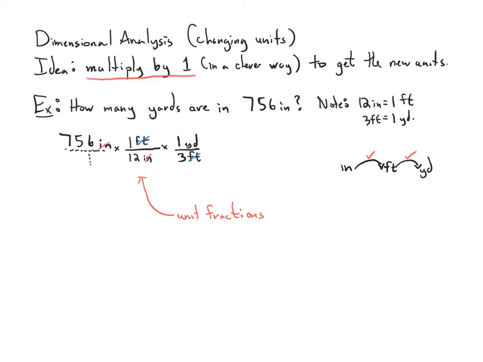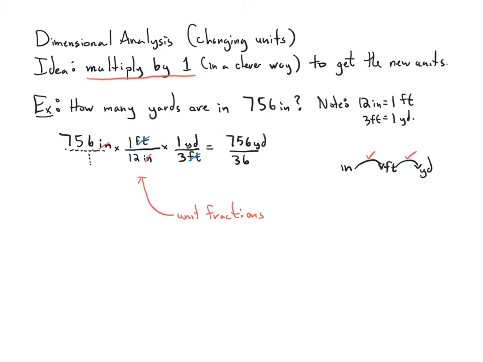And I'm left with, if I multiply all of this out now, 756 times 1 times 1, and the unit that's left up top is a yard. So that's 756 yards over 1 times 12 times 3, which is 36.